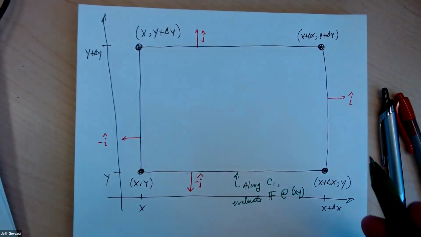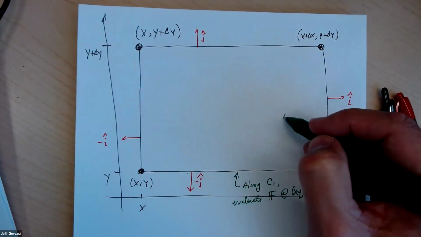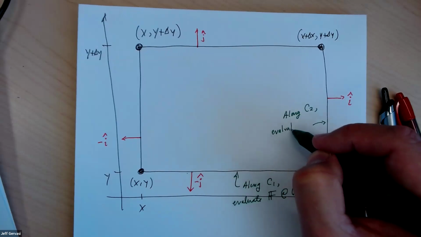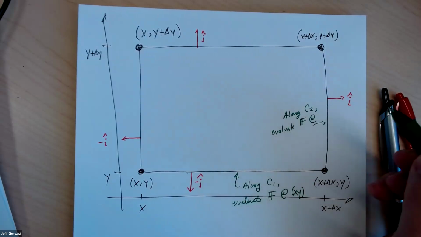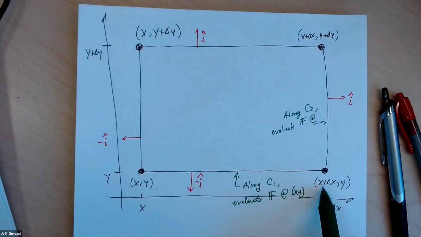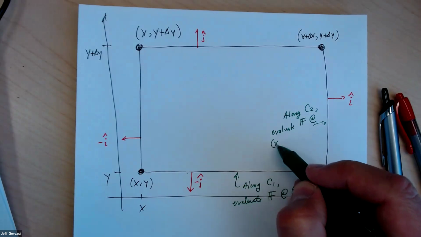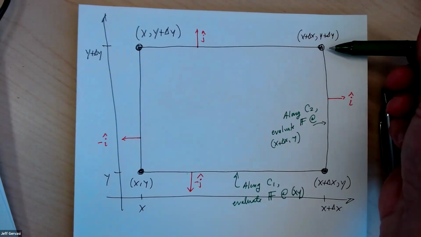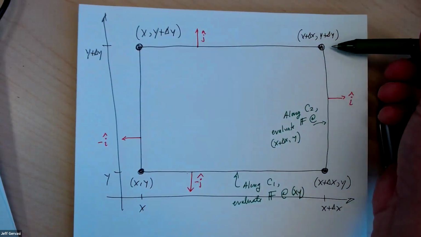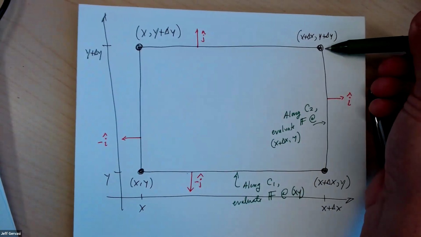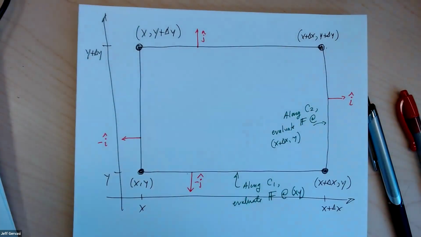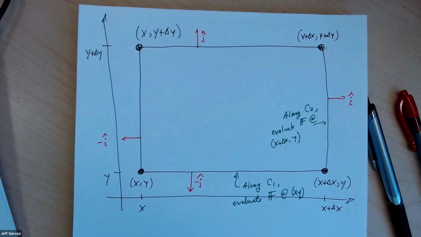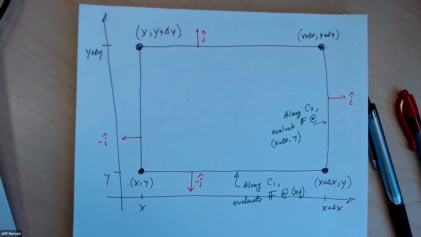Now along this side, which I'll call C2, I choose to evaluate my force at the point x plus delta x, y, the lower corner. I could have chosen any point along this vertical line, even this point right up here. But I'm choosing how to evaluate my vector field because I've got a particular goal in mind. So just keep that in mind too.